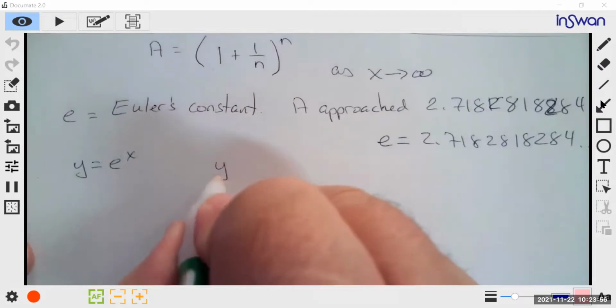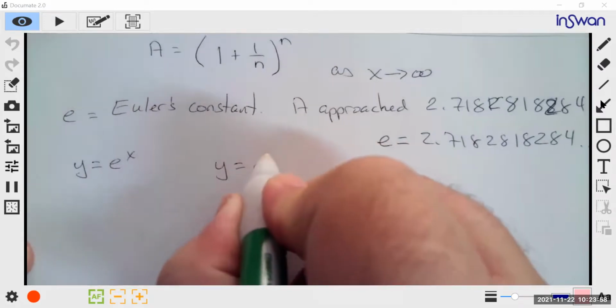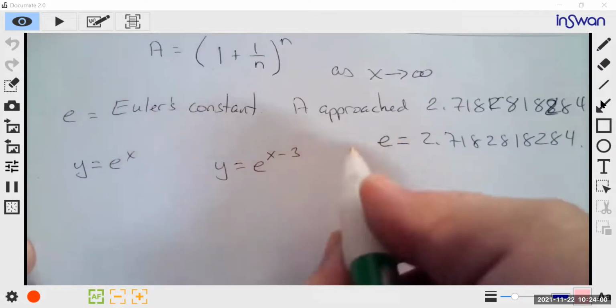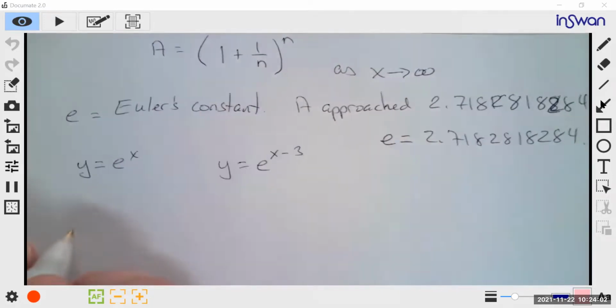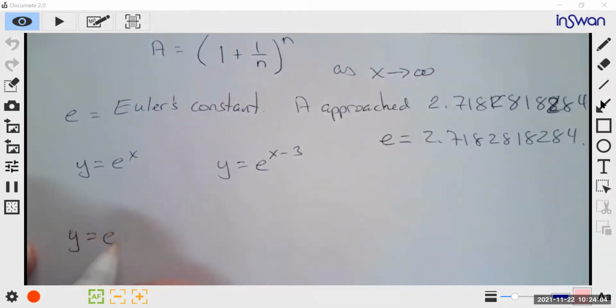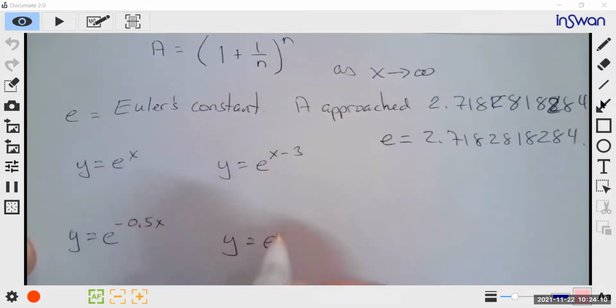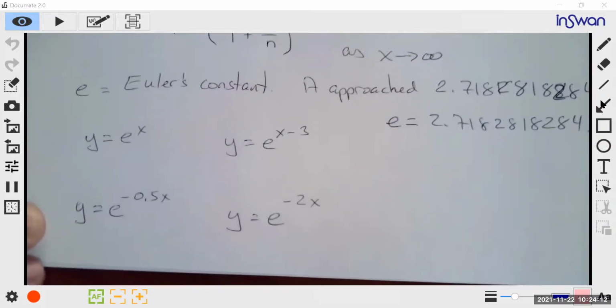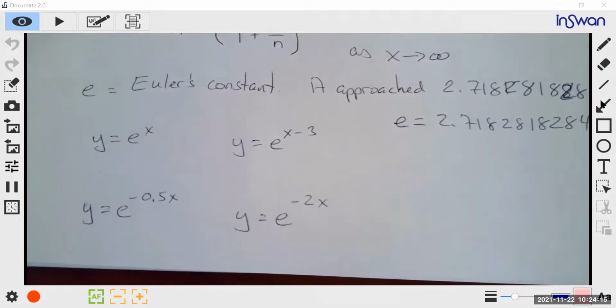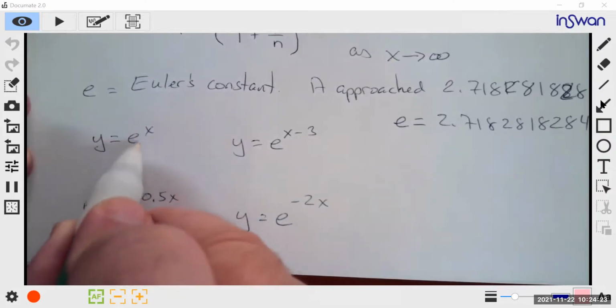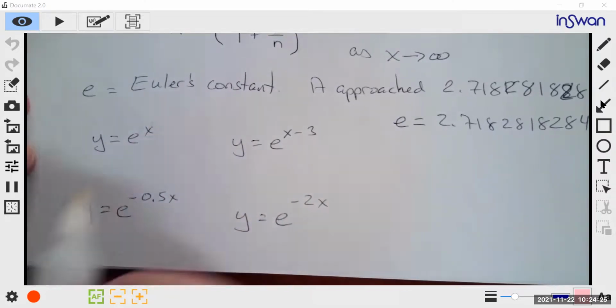So if we look at the graphs of these guys, again, this is an exponential equation.